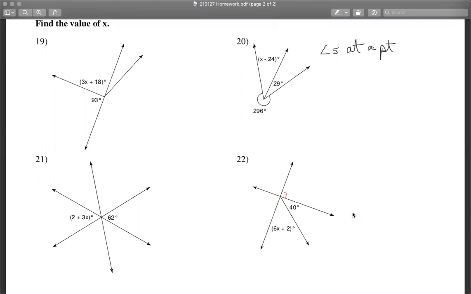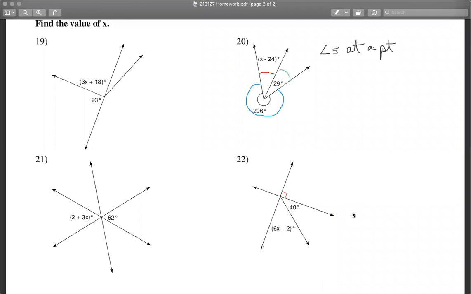Okay, and what angles at a point says is take your 3 angles. I'm going to color code them real quick. So I've got this angle, this angle right here, and this angle right here.